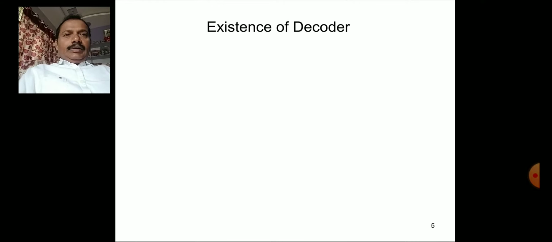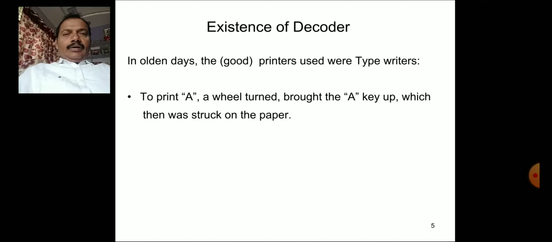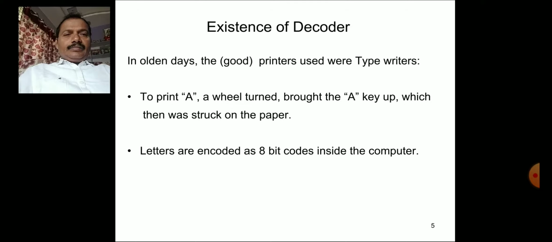Now, the decoder. To see its existence in olden days, the printers used were typewriters. To print, a wheel is turned and brings the A key up, which is then struck on the paper so that the letter A is printed on the paper. So this is the working of a typewriter.